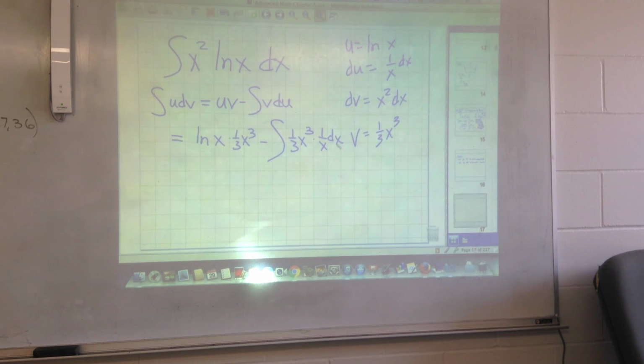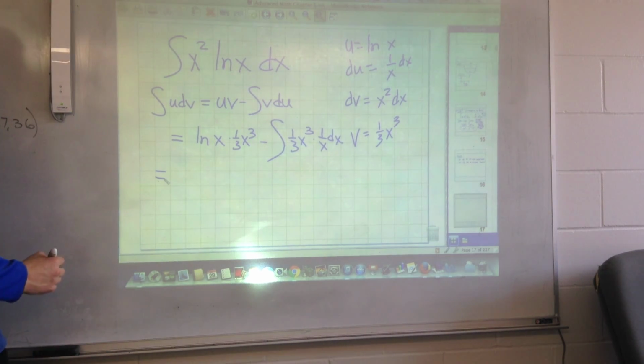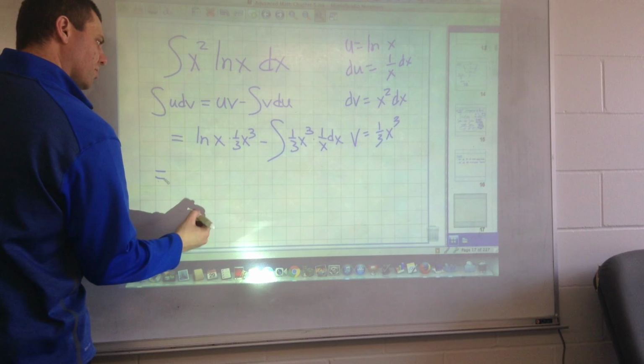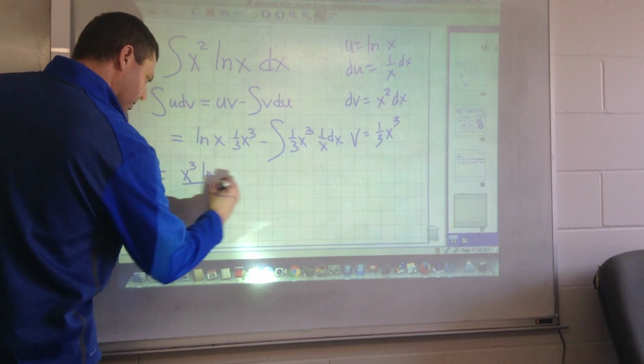So far so good? I'm going to simplify this into a nicer looking fraction: x cubed ln x all over 3.